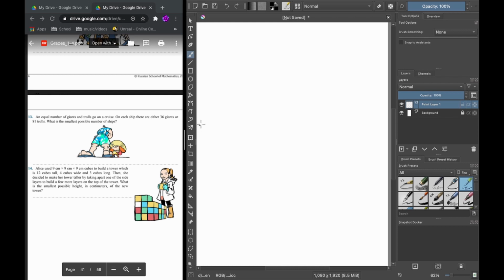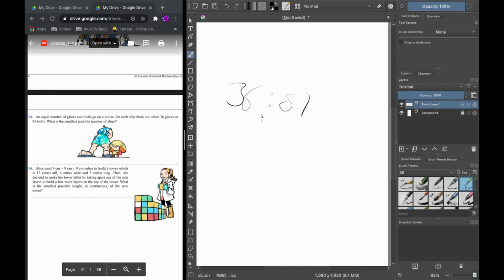An equal number of giants and trolls go on a cruise. On each ship, there are either 36 giants or 81 trolls. What is the smallest possible number of ships? So, you know that there are 36 giants or 81 trolls.